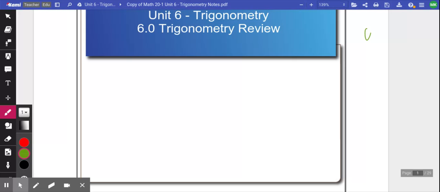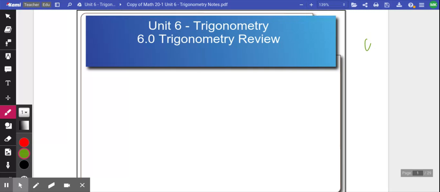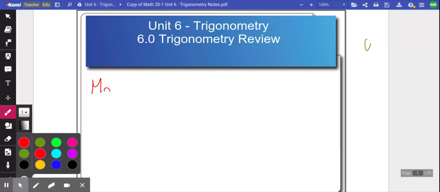Let's get started with trig, our final unit. Before we really get started, there's a couple things that you need to remember. The first thing is your calculator has to be in the proper mode. So when you turn your calculator on, click mode.